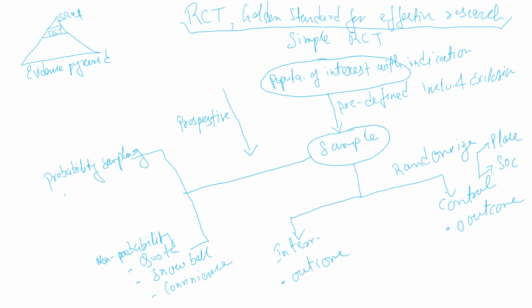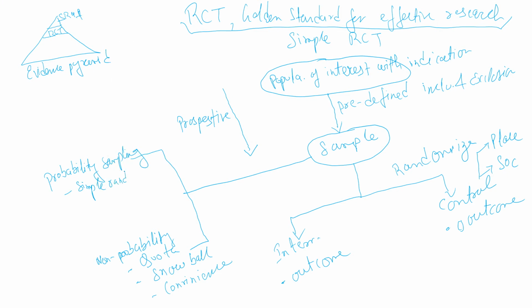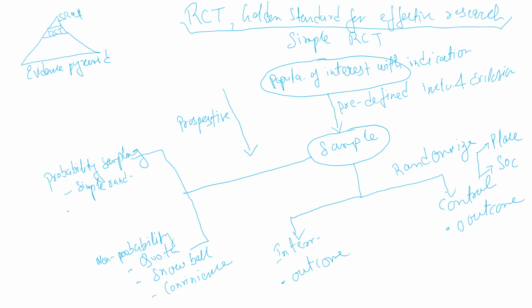Under probability sampling, it could be simple randomization, stratified randomization, block, or cluster randomization. Now, non-probability sampling is usually utilized for observational kinds of study design, whereas probability sampling is used in experimental study design.